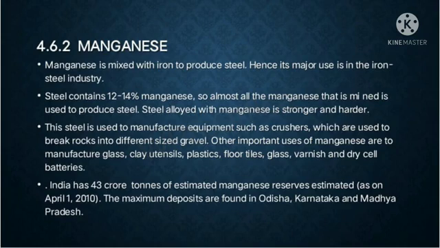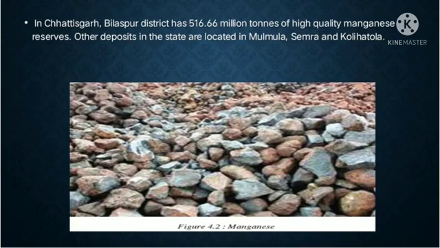The maximum deposits are found in Odisha, Karnataka, and Madhya Pradesh. In Chhattisgarh, Bilaspur district has 516.66 million tons of high quality manganese reserves. Other deposits in the state are located in Mulmula, Semra, and Kolyatola. You can see the picture of manganese.